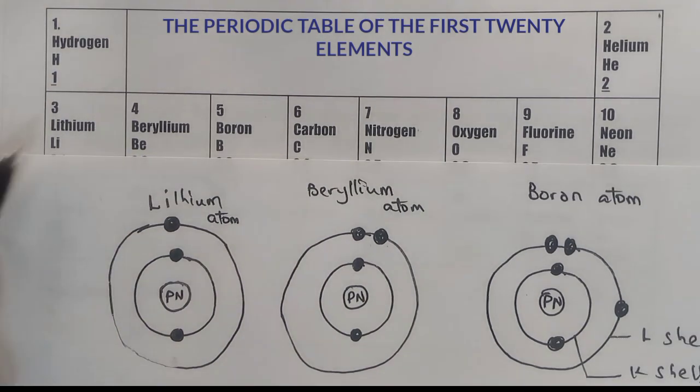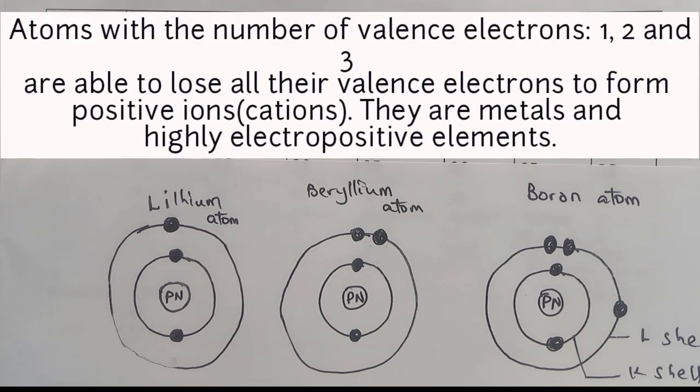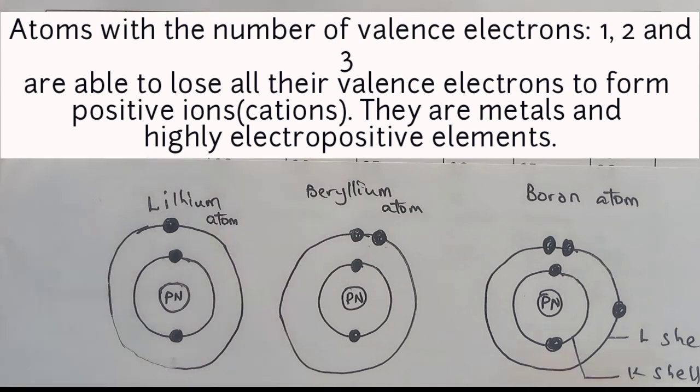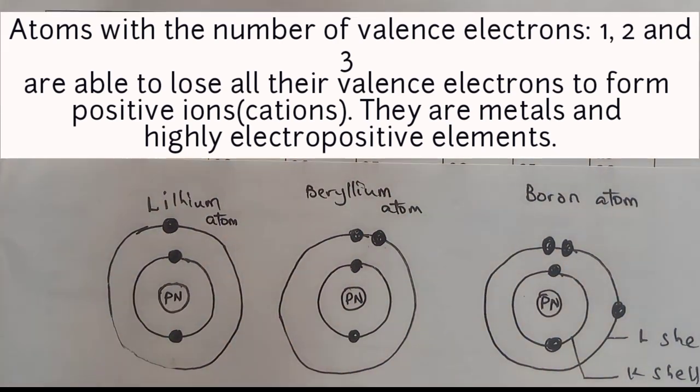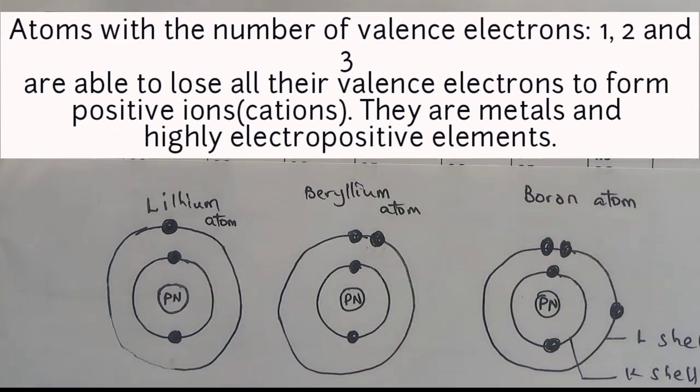During bonding, this group, lithium, beryllium, and boron, whose valence electron number is between 1 and 3, they lose all their valence electrons. That means that they are capable of releasing all their valence electrons. And when they do that, they become an ion. Then, if any element is capable of releasing all its valence electrons, then we can call that particular element a metal.